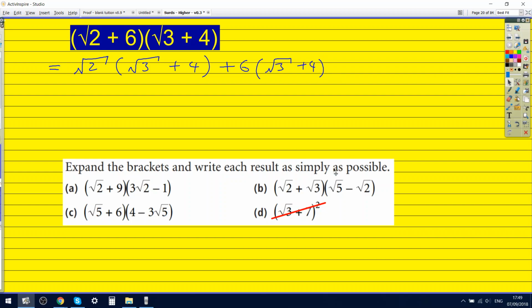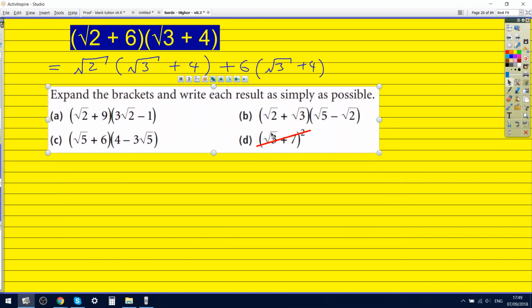So what would be step 1 for part A below? Part A. Mm-hmm. I think it just 2 root 2, in brackets root 3 add 4.